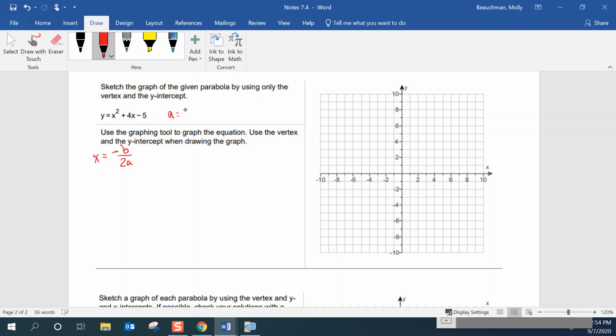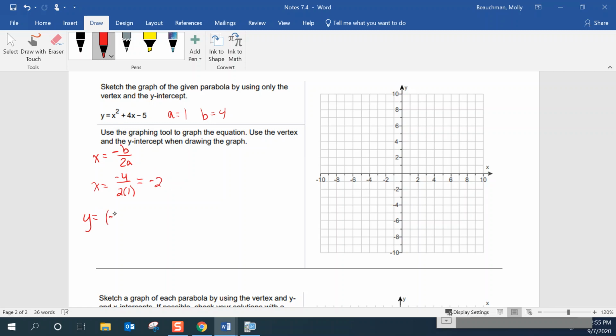In this case, a is equal to 1, b is equal to 4. So the x-coordinate of our vertex is going to be negative b, negative 4, over 2 times a. Negative 4 divided by 2 is negative 2. So that's the x-coordinate of our vertex. To get the y-coordinate, take your answer for x and substitute it in the equation.